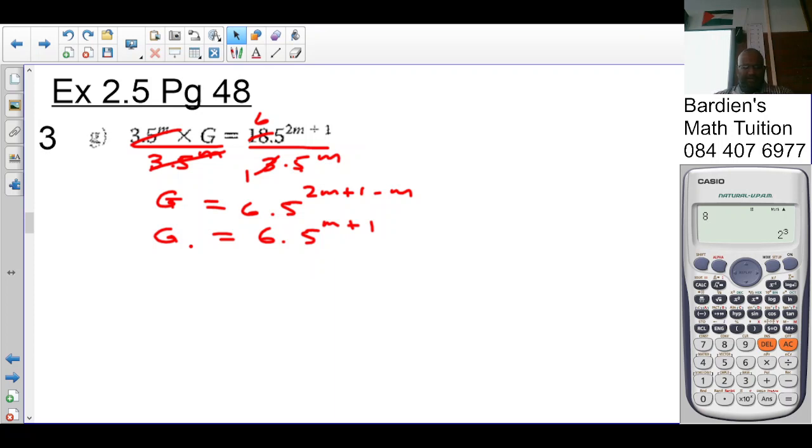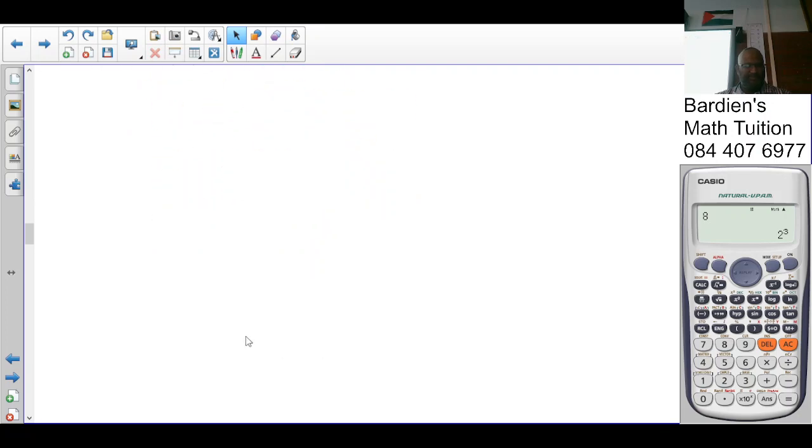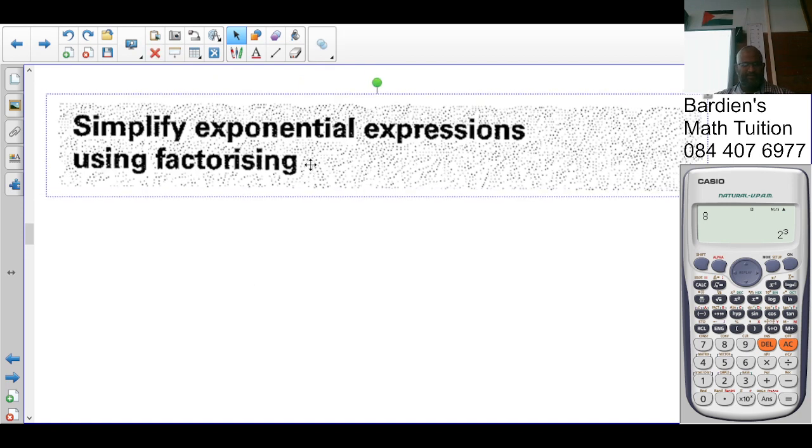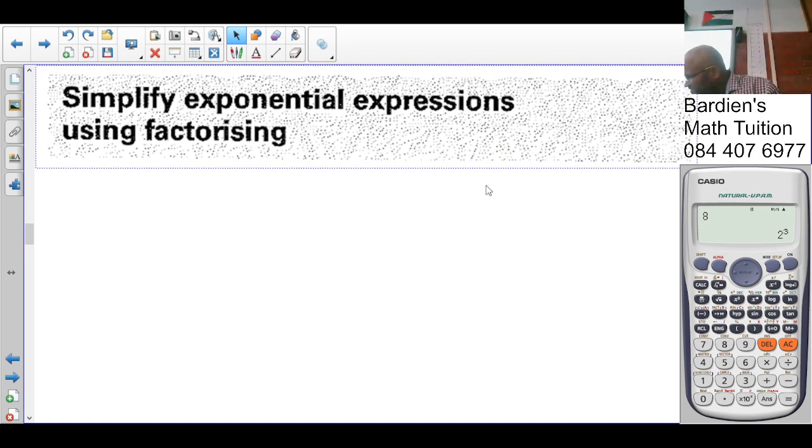So the heading for today is simplifying exponential expressions using factorization. And that's on page 49.